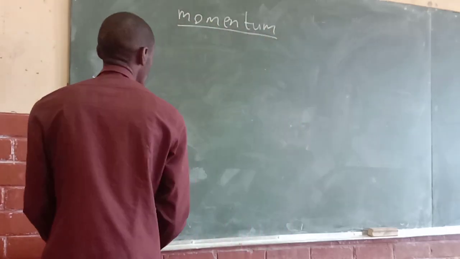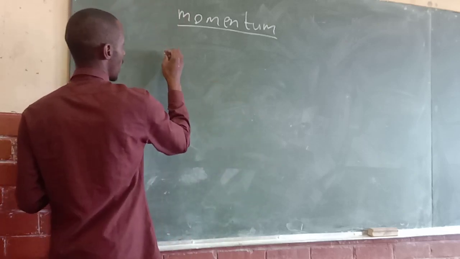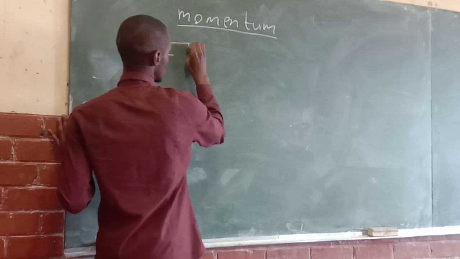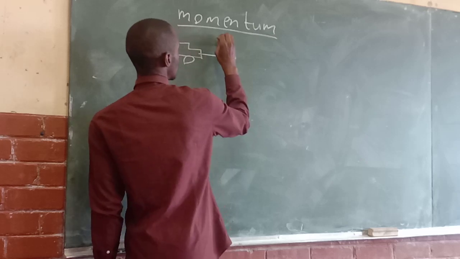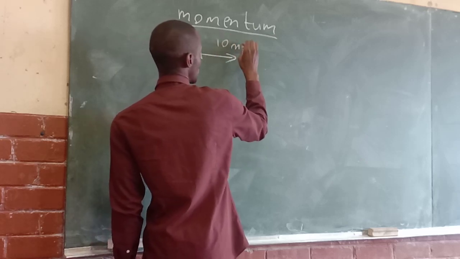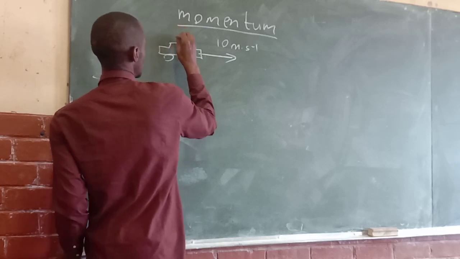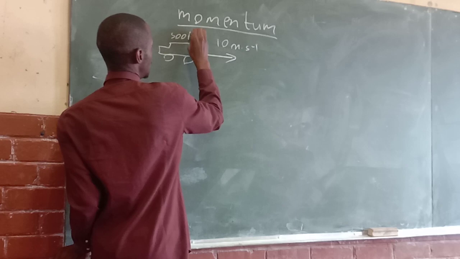Okay. Right. Now, let's just say we have a case whereby there's a car that is traveling towards the right, with the velocity of 10 meters per second, and its mass is, let's just say it's 500 kg.